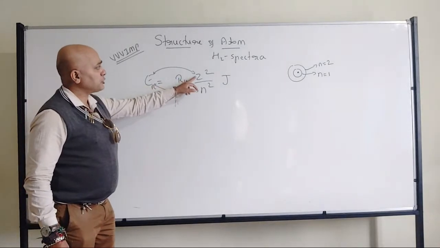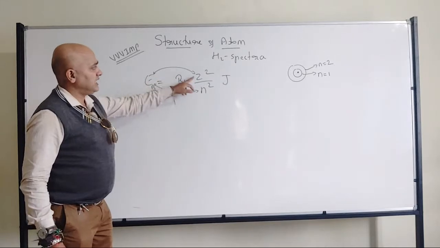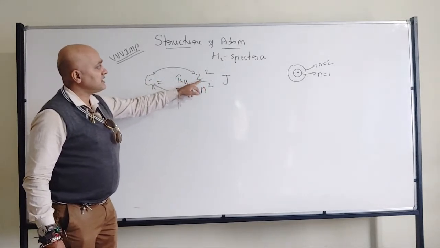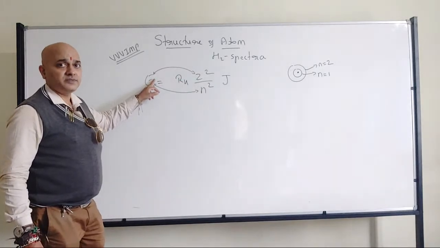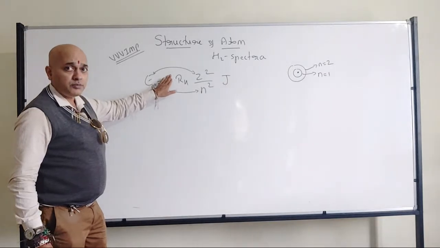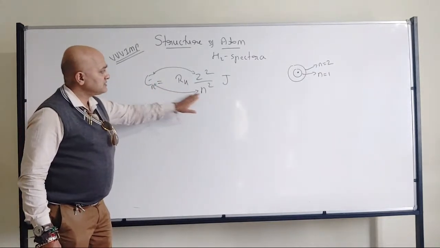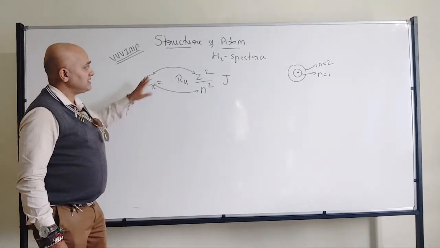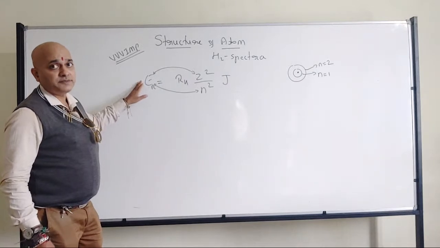But if I take atomic number and En, they are directly related. That means as there is an increase in the Z value, the En value would also increase. I am talking about the case where there is no negative sign. So if n increases, En decreases. If Z increases, En also increases.